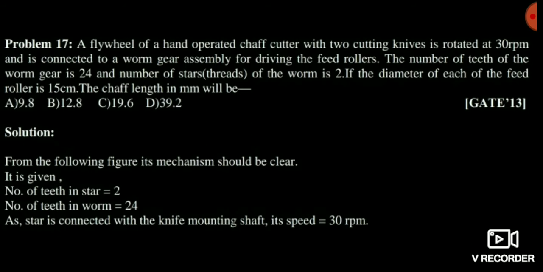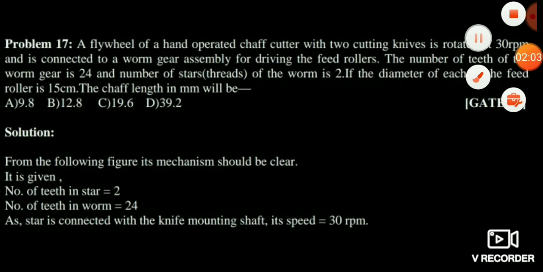Friends, understand this well. If we had been given one knife moving at 30 RPM, it would cut the chaff 30 times in 1 minute. But here in this question two knives are present and 30 RPM is given, means 2 into 30 times in 1 minute, means total 60 times in 1 minute.